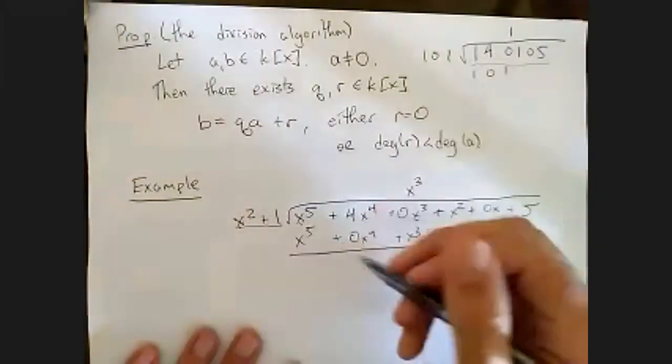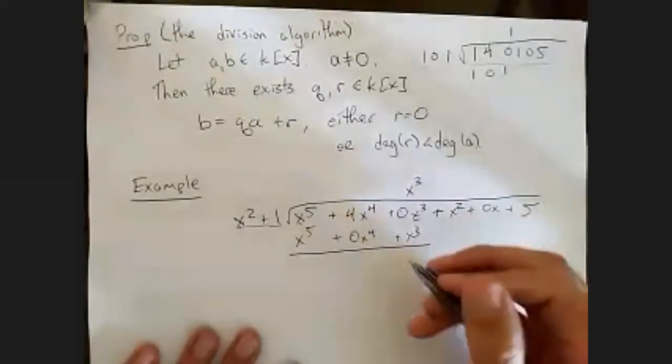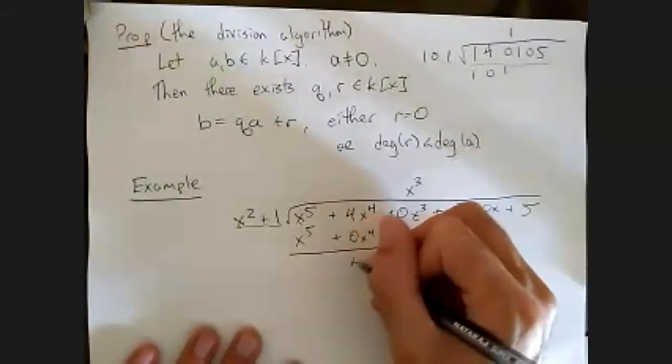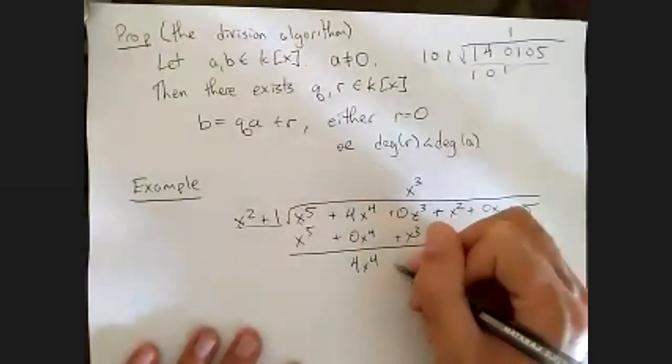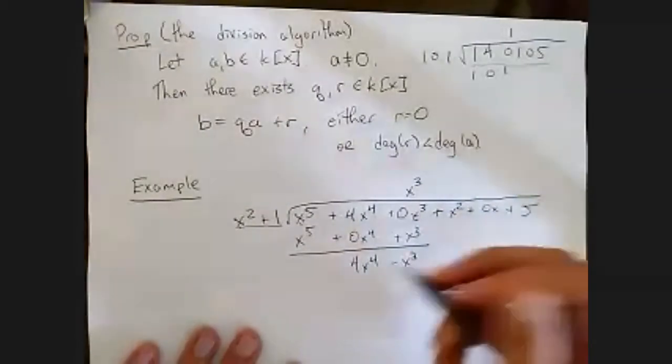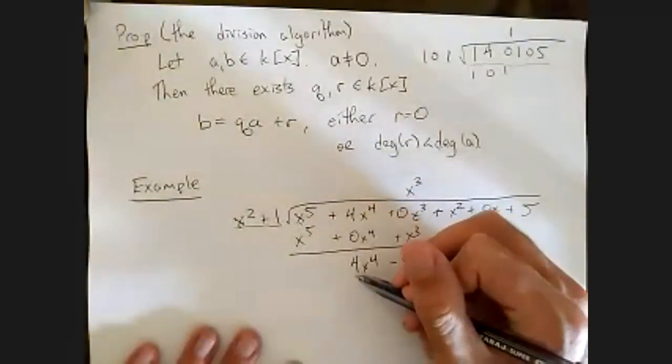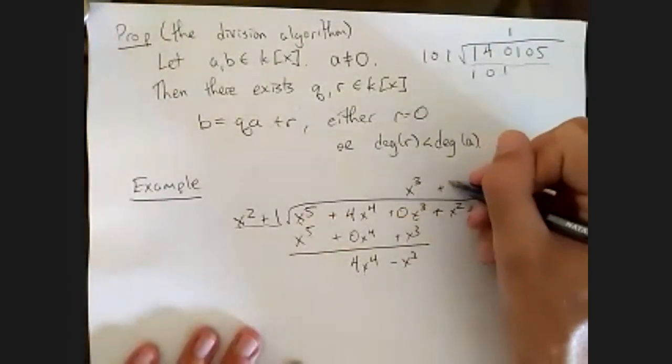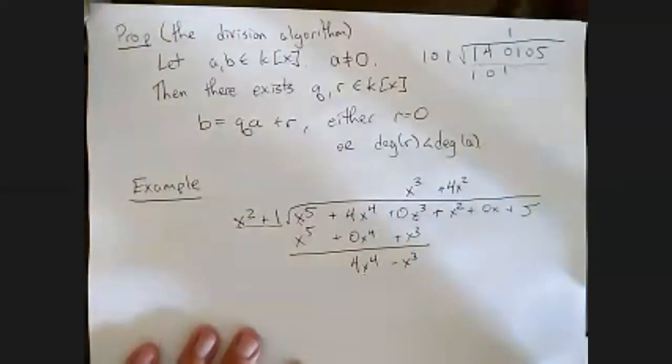Now I subtract: x to the fifth minus x to the fifth gives me 0, and I get a remainder of 4x to the fourth minus x cubed. And now this goes into this 4x squared times. And so I go on like that.